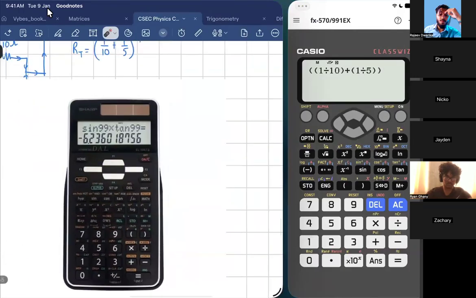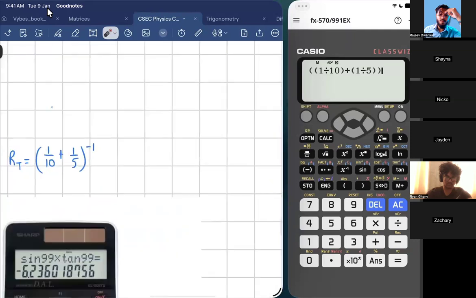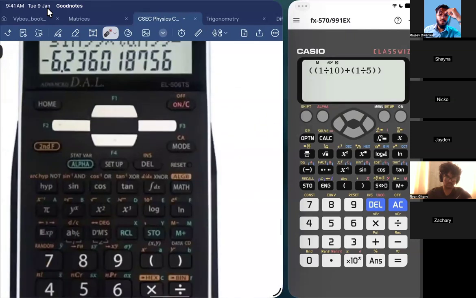When you press that, you should see this thing pop up. Nikolai, I'm not hearing you. Your calculator is a little different. Do you have the Y to the X button? Okay, press that.